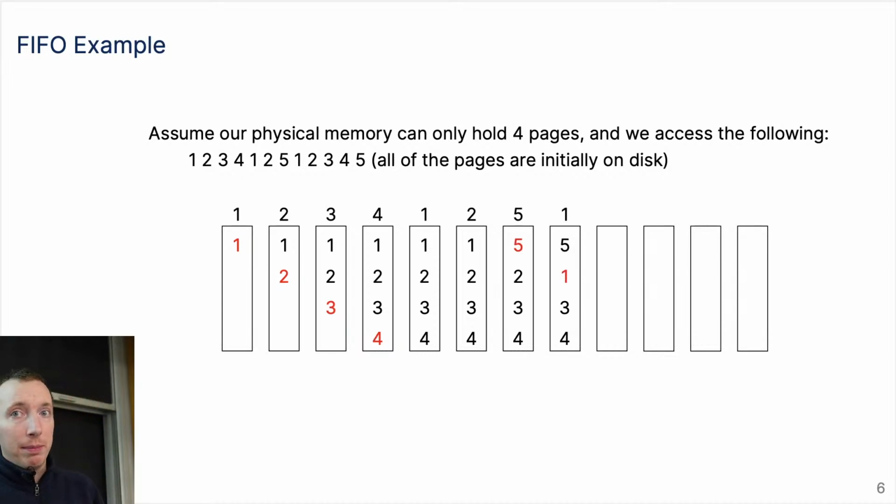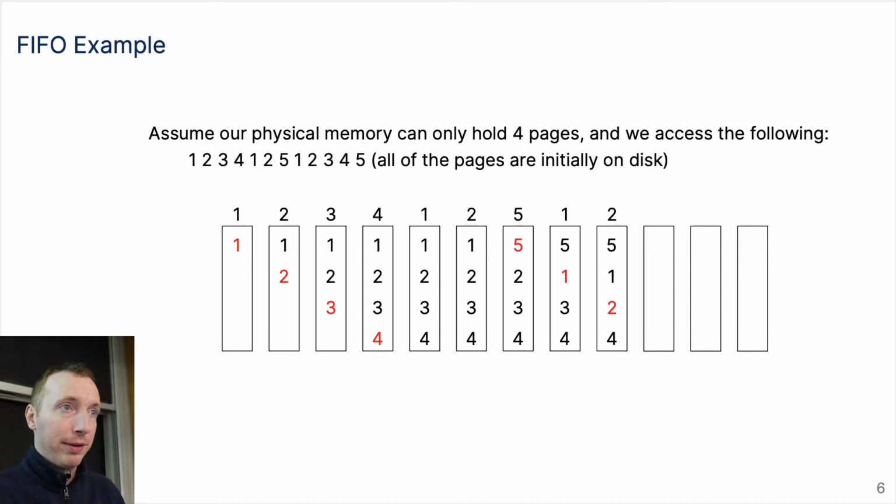So now in memory are 5, 1, 3, 4. And now, unfortunately, in the next access, we're going to access page 2. So we have to swap it back in. Now 3 was the first one in between the remaining pages. So we swap back in 3. And now we have another page fault. And now in memory, we have 5, 1, 2, 4.